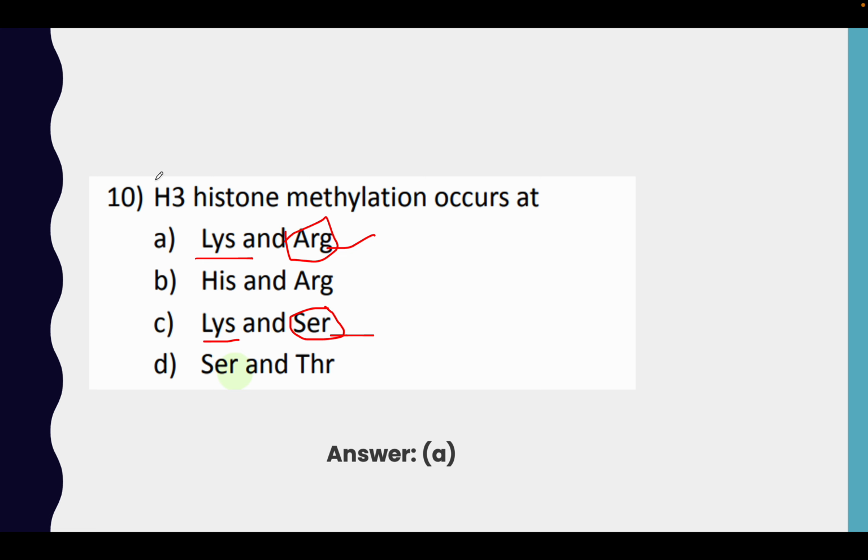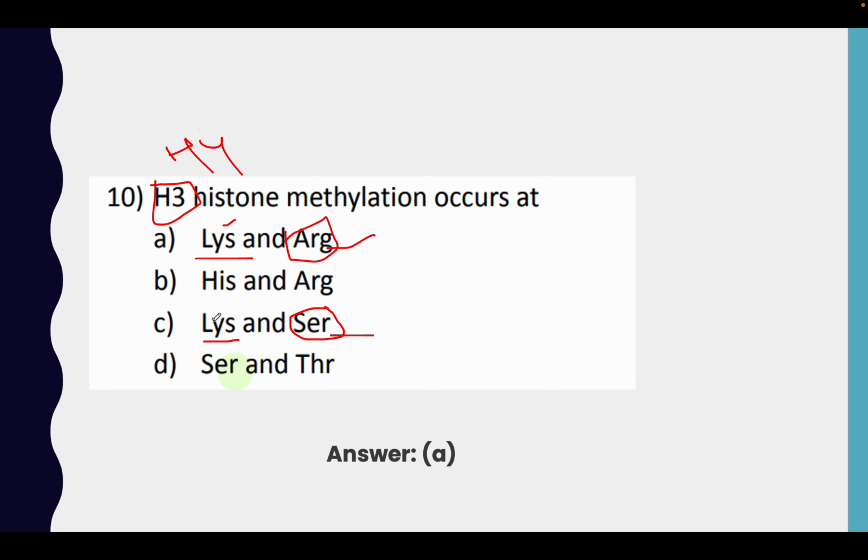Methylation of both H3 and H4 tails can occur on both arginine and lysine and not on serine, okay? It plays a critical role in transcriptional regulation.